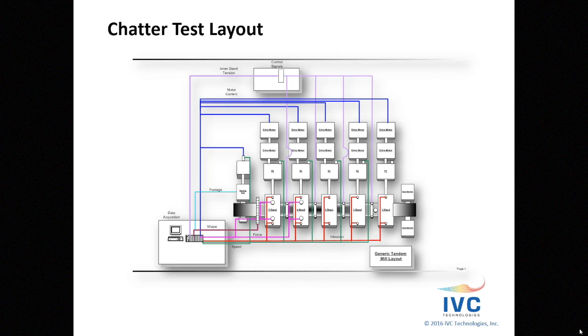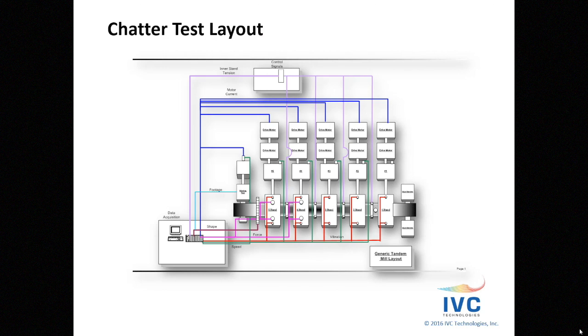This is showing just a typical test layout for the type of thing that my group gets involved in. We may not only take vibration data, but tap into a lot of the control signals. So things like interstand tension, motor current, shape, footage, force, speed, as well as vibration or any number of other signals.